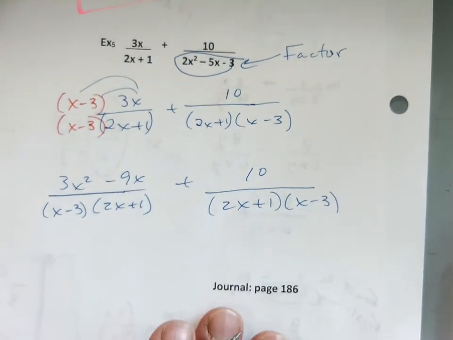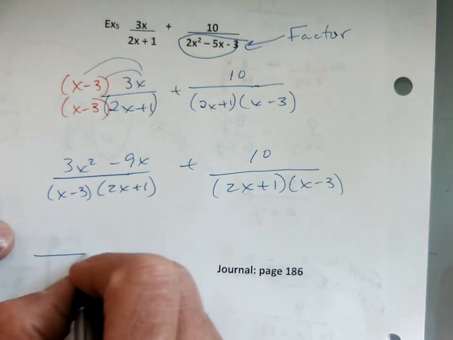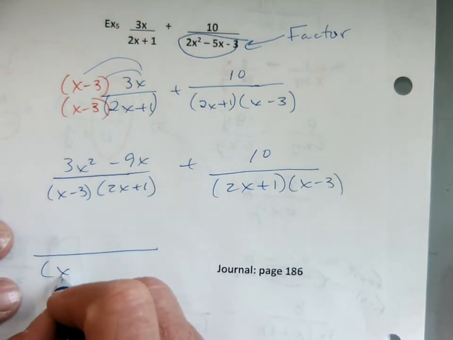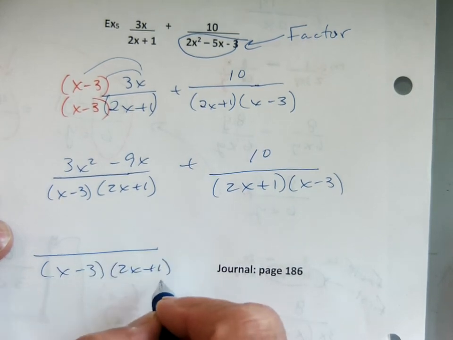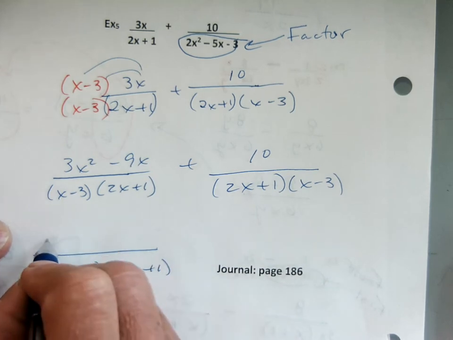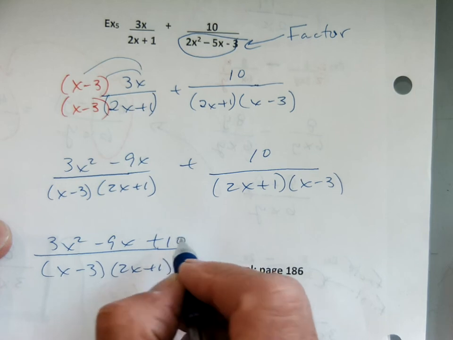Now I should be able to put it together. I've got a common denominator, x minus 3, 2x plus 1, and then my numerator is 3x squared minus 9x plus 10.